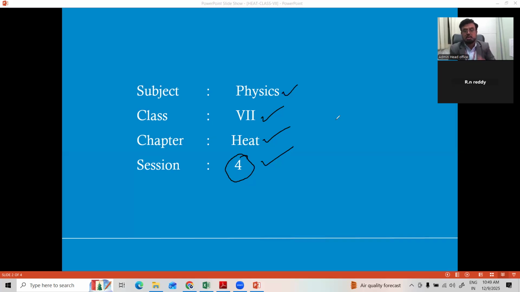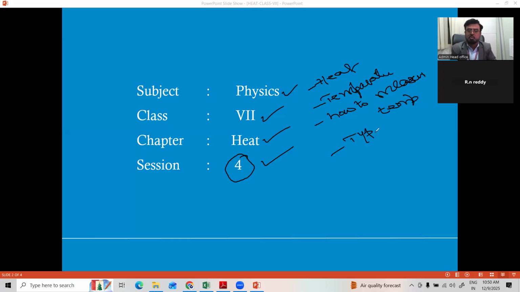But before that, we'll recall what we learned about heat in the earlier sessions, right? First we learned what is heat, then another important term, temperature, and how to measure temperature by using the thermometer.